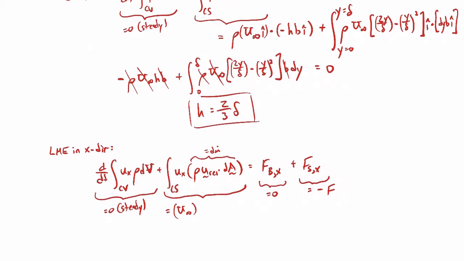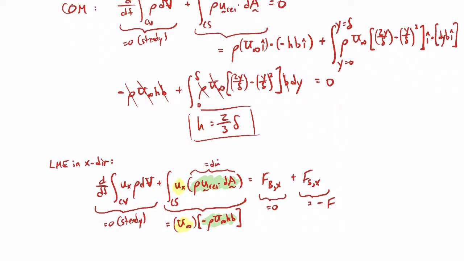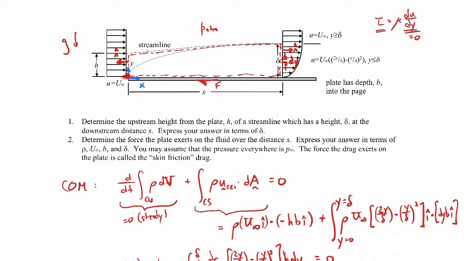So I'll just copy it down again. So that'll be a minus rho u infinity h times b. So let me highlight. The yellow here is this term. And then the green, let me do this in a darker green. This green is this term. Okay? And we don't have to do the integral here because everything is uniform right at the inlet.